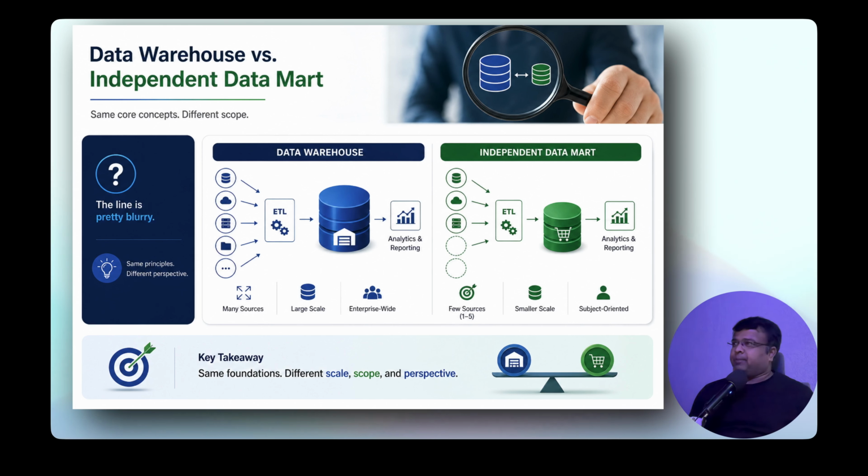An independent data mart works in a very similar way, except it usually deals with fewer data sources, maybe just 1 to 5 systems instead of dozens. Other than scale, the concepts are surprisingly similar. So, in many real world cases, the difference between a data warehouse and an independent data mart is more about perspective and scope than some strict technical rule.